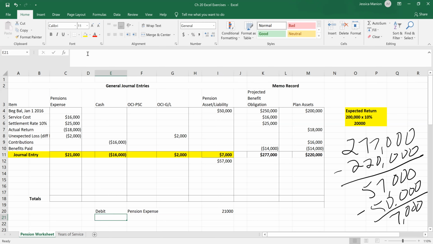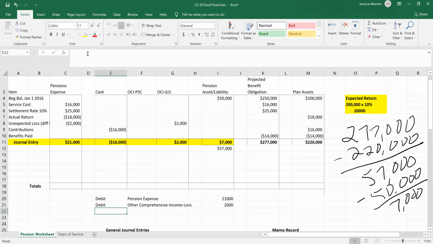We want to debit other comprehensive income for this loss, 2,000.